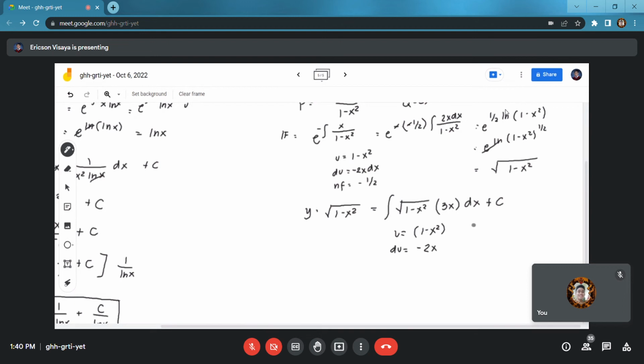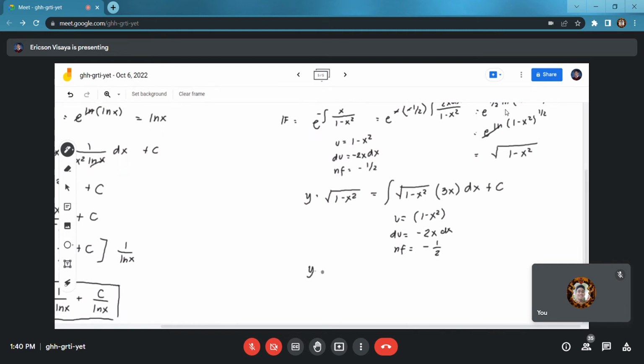So, kailangan natin mag-set ng neutralizing factor, which is negative 1/2. Y times the square root of 1 minus x squared is equal to 3 times ang ating neutralizing factor, negative 1/2, the integral of 1 minus x squared raised to 1/2 times du natin, negative 2x dx plus c.